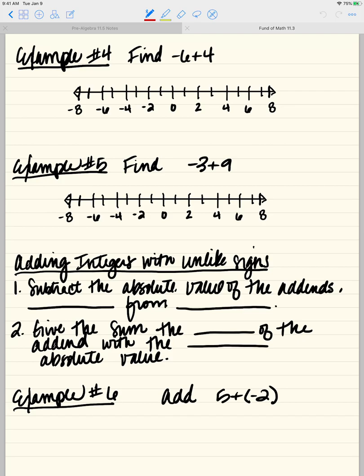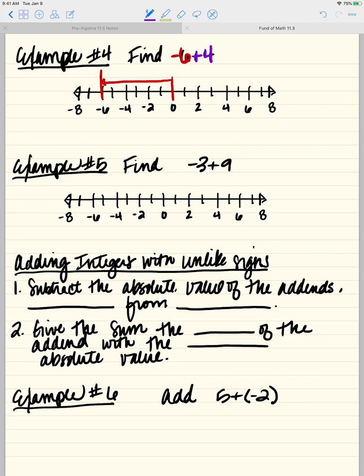Now let's look at some similar problems on a number line. Okay? -6 plus 4. So -6, you start at 0 and you go 6 units all the way to the left because it's negative, and you end here at -6. Now we are going to add a +4. So we need to move back towards 0.